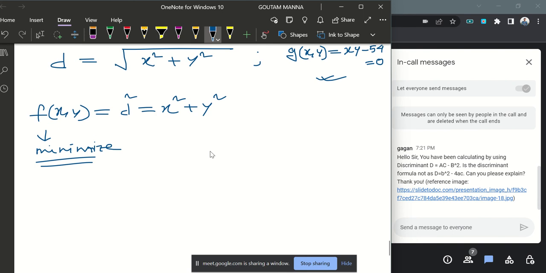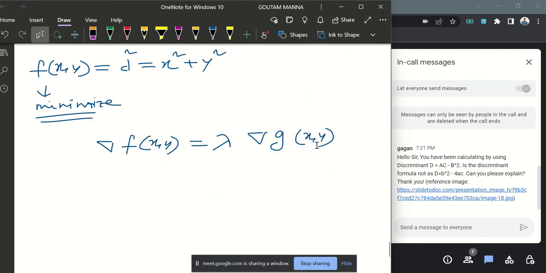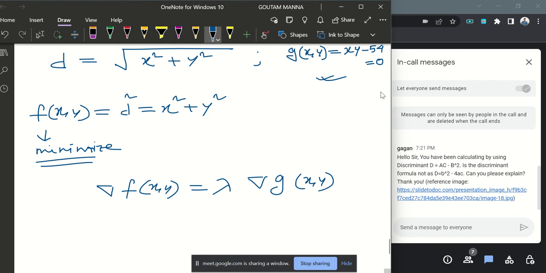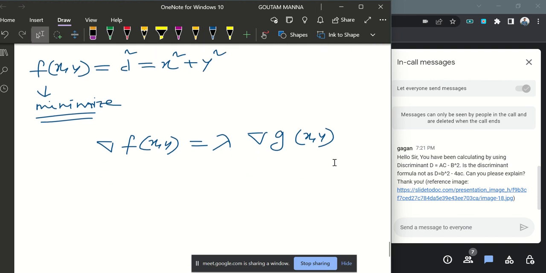So then basically what you have is the gradient of f(x, y) equals lambda times the gradient of g(x, y), where lambda is the Lagrange multiplier, and along with this you have the constraint equation.